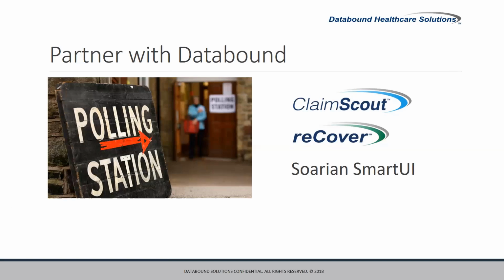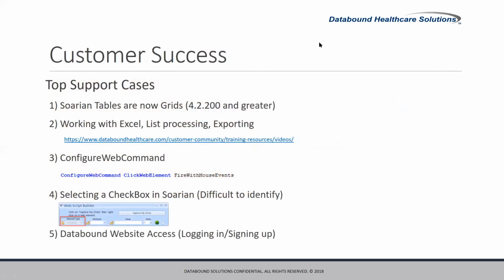All right, one last thing I want to cover and then we'll wrap up. I asked Chris Foster, our lead support analyst at Databound, to give me the top 5 support issues he's had over the last 2 or 3 months, and some of them are not very surprising.